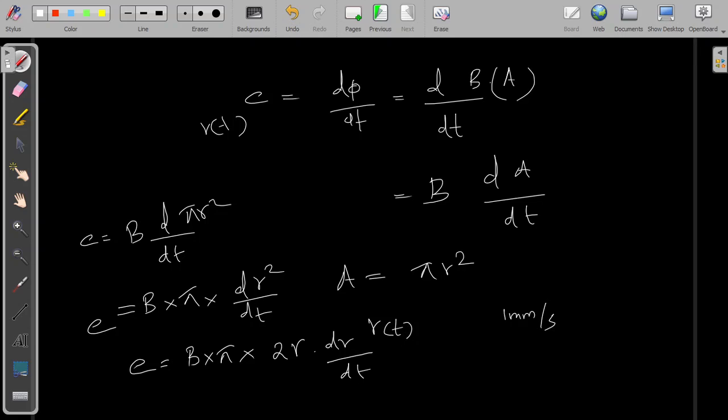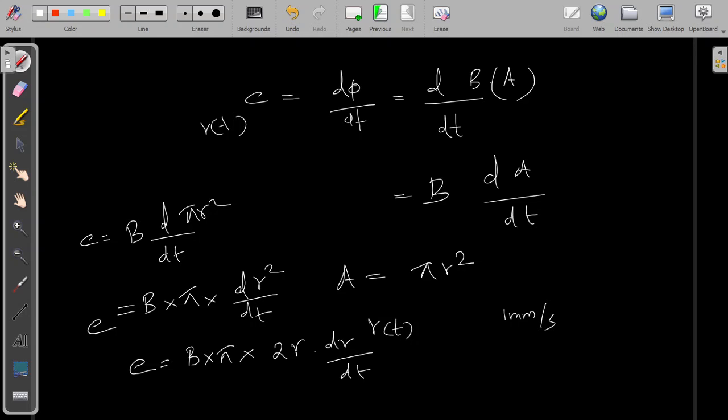This is just mathematics: d by dt of x power n equals n x power n minus 1. So n x power n minus 1, 2 into r power 2 minus 1, and into the dr by dt function.